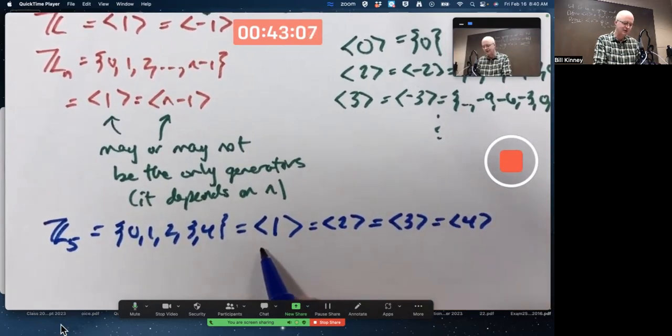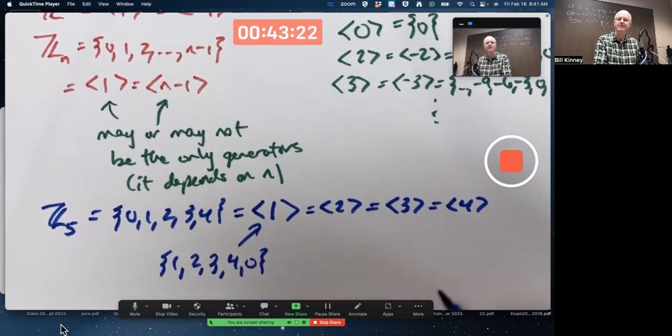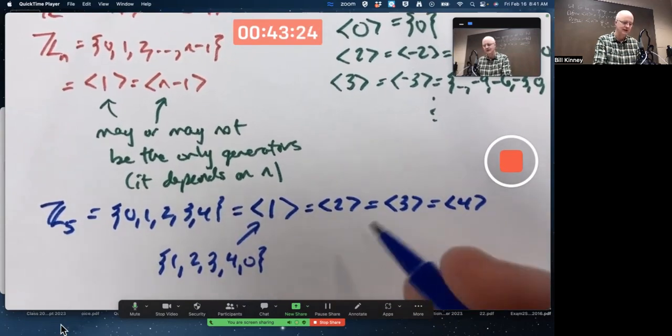Why? Because you think about these sets in terms of adding these elements to themselves. 1 plus 1 is 2, 1 plus 1 plus 1 is 3, 1 plus 1 plus 1 plus 1 is 4, 1 plus 1 plus 1 plus 1 plus 1 is 0, mod 5.